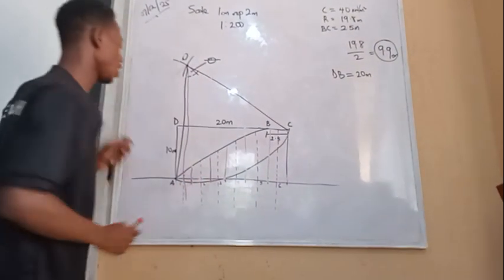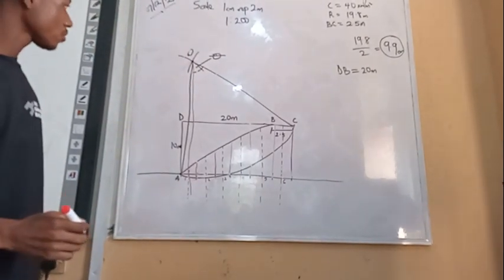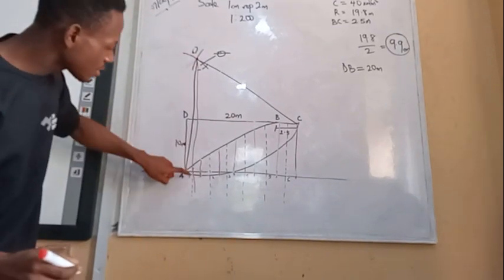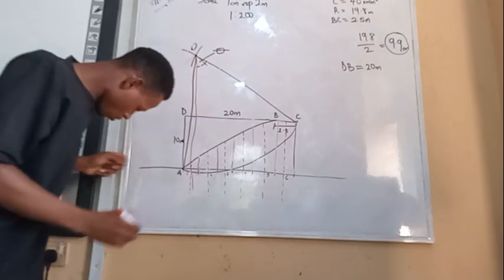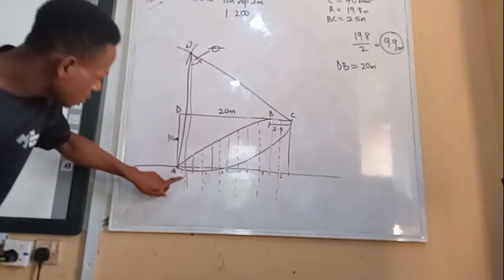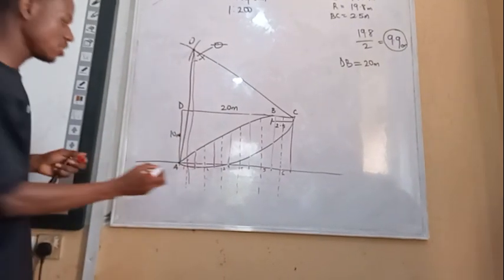So from this one to this one, you are going to draw. You just have to place your ruler on this point, and on the point where it intersects the curve.